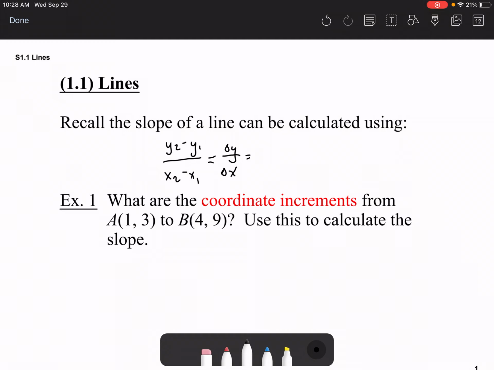You can also call this rise over run. So you can use all these different possibilities, and you can even change it now to function notation. So f of x2 minus f of x1 all over x2 minus x1, if you have a function.